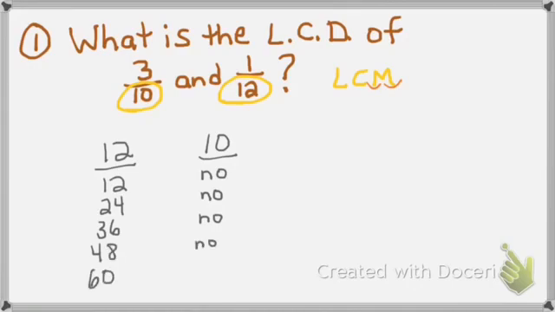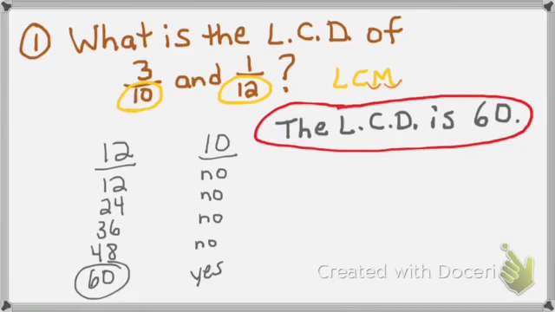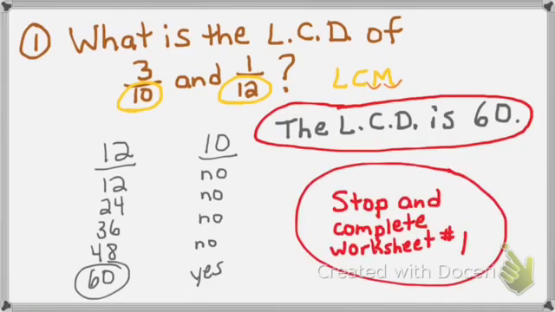That has to work, because remember, divisibility rule of 10, if the last digit is a 0, it's divisible by 10. And when I go through my 10 times tables, I do definitely say 60. So my answer is 60. Therefore, the LCD is 60, and it's just that simple. That's my final answer. Please stop the video and complete worksheet number 1 right now.